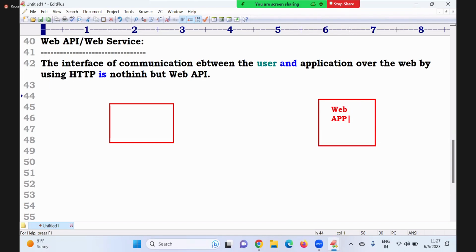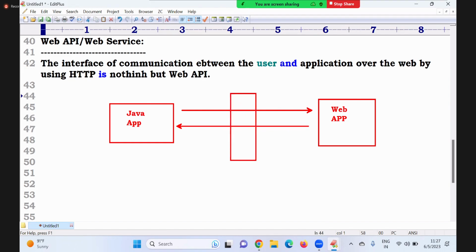This web application may be Django, .NET, Python, Angular, React. I'm not talking about the web application technology, but by using the Java application, I want to access this one, providing communication. Then one interface is required. That interface is nothing but what? Web API.